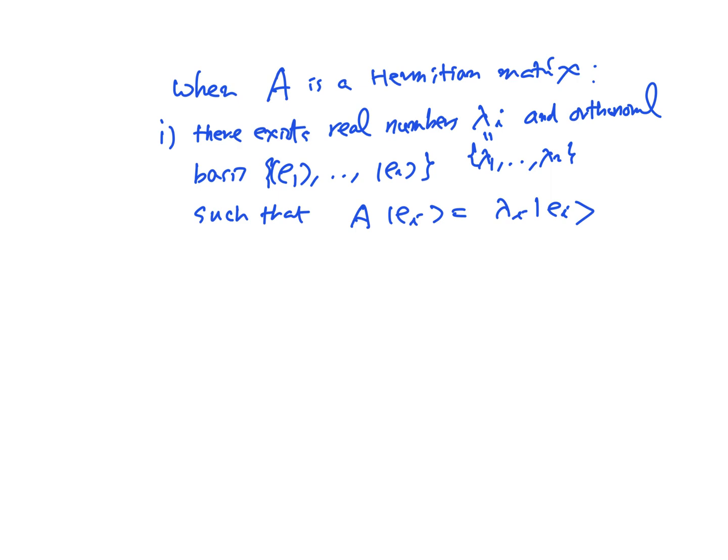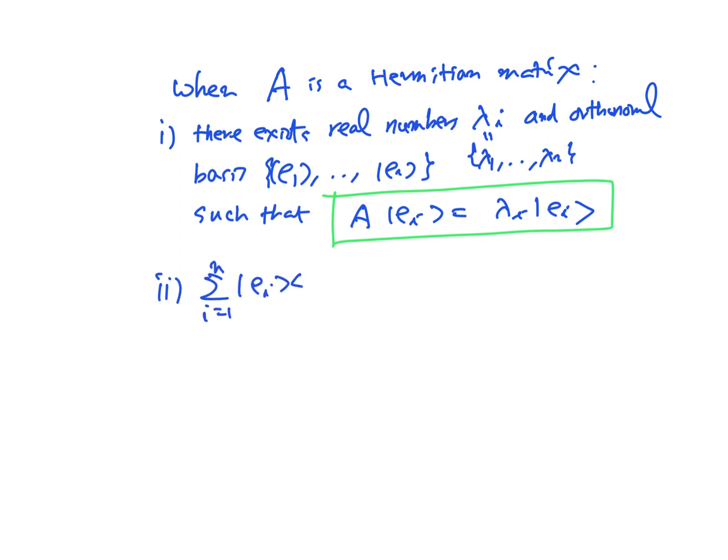So when A is a Hermitian matrix, it has the following properties: there exists a set of real numbers lambda i and also an orthonormal basis E1, E2, E3, such that this particular property is satisfied. That second property, I already showed for 2 by 2, right? But the third property is really the interesting part.